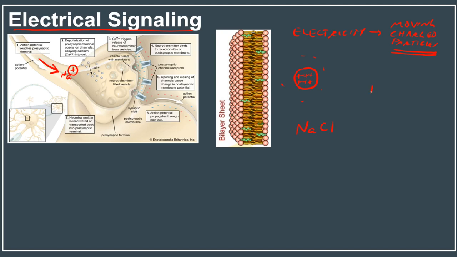Ions are charged atoms. I told you that when this is dissolved in water, the chloride, when it splits apart, steals an electron from sodium to become Cl minus, and that leaves the sodium with a net positive charge.